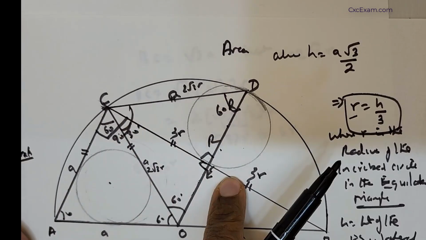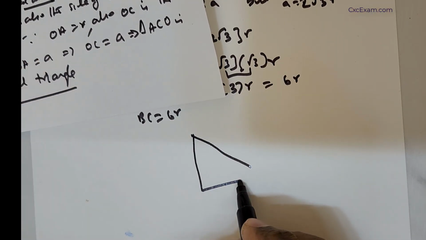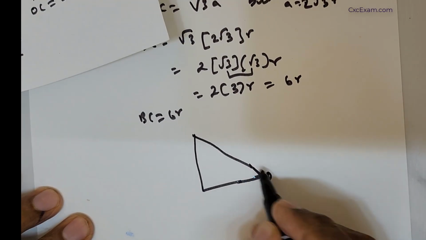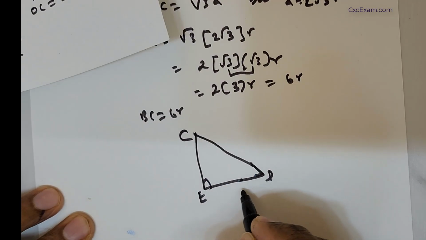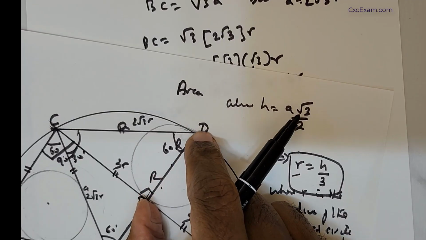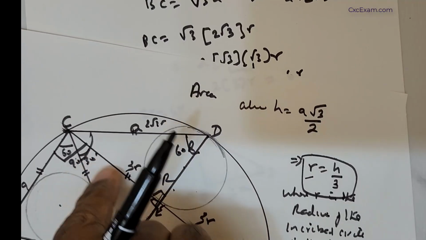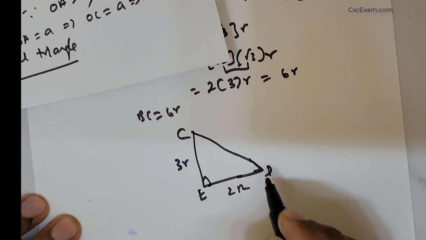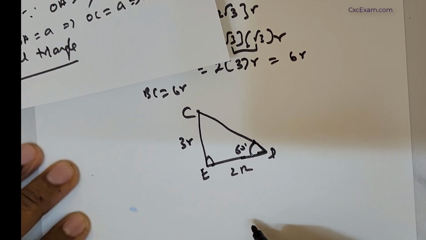So let me just consider this triangle, which is D, C and E. This is 90. Now this entire length is R and R, right? So this is going to be 2R. So 2 times R, and this is 3r, small r, and this is 60 degrees.